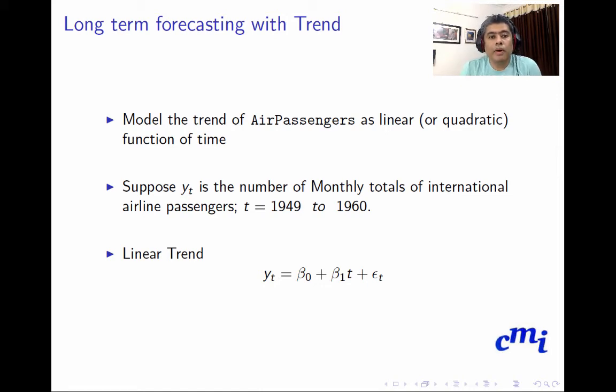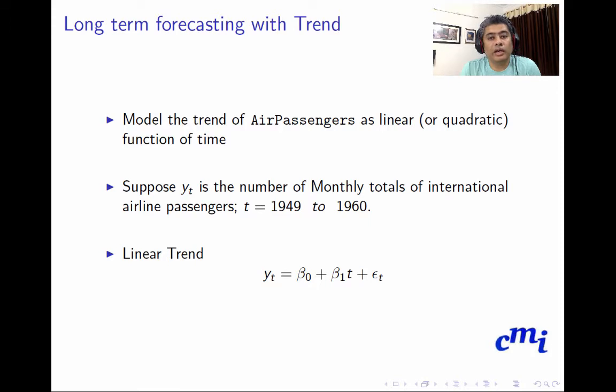You can model the trend of the air passengers dataset as a linear function of time or a quadratic function of time. In this lecture, I modeled the trend as a linear function of time.